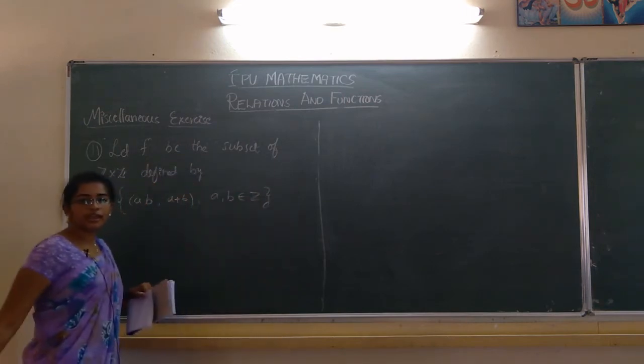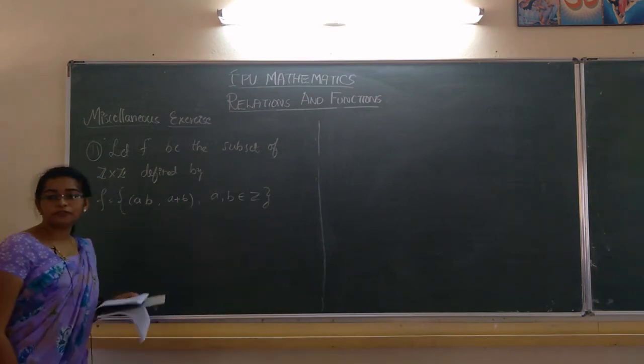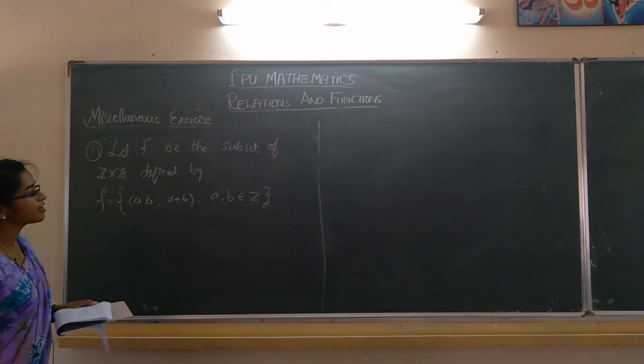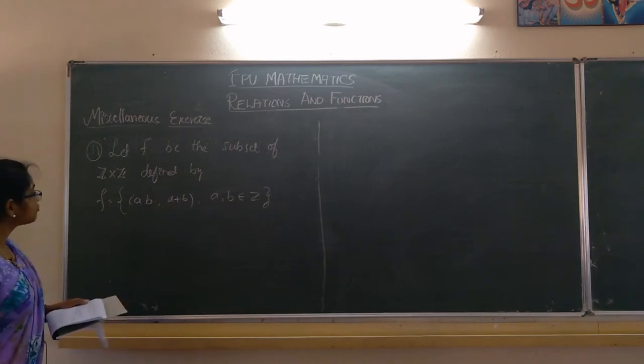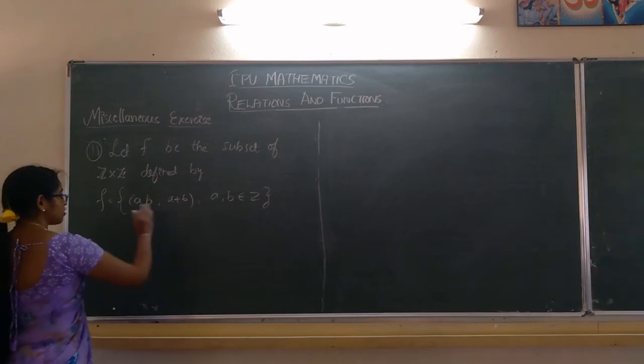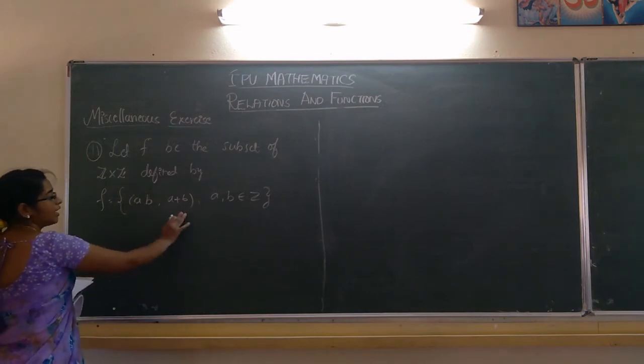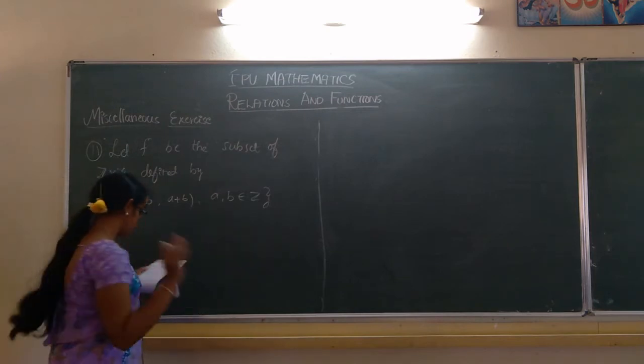This is how they have defined the relation. F is a subset of Z cross Z, which implies that F is a relation on Z. It is defined like this: ordered pair (ab, a plus b), where a and b are integers.